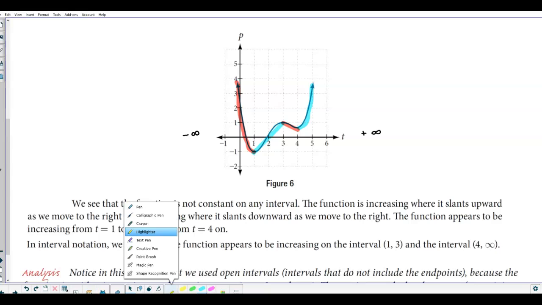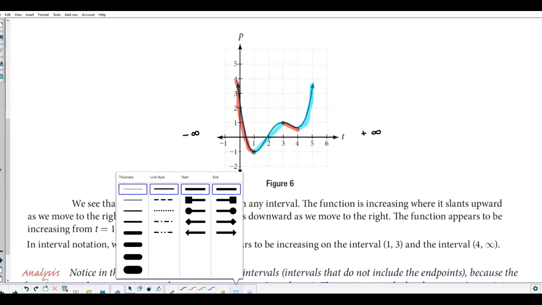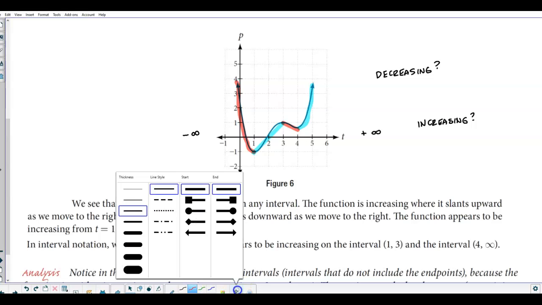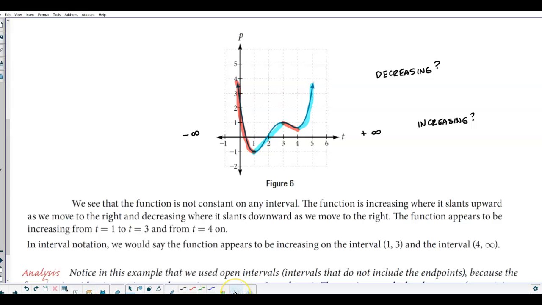So let's take a look at both the increasing and decreasing parts. We can say that it is decreasing on what intervals, and increasing on what intervals, according to our graph.